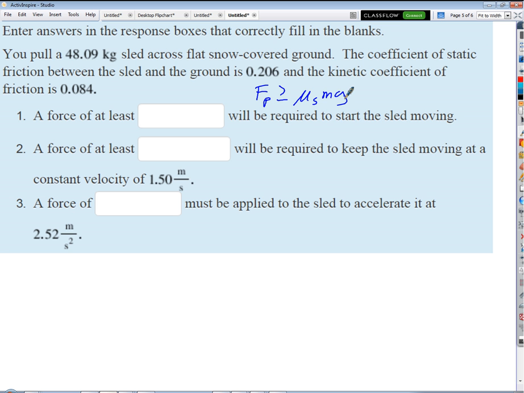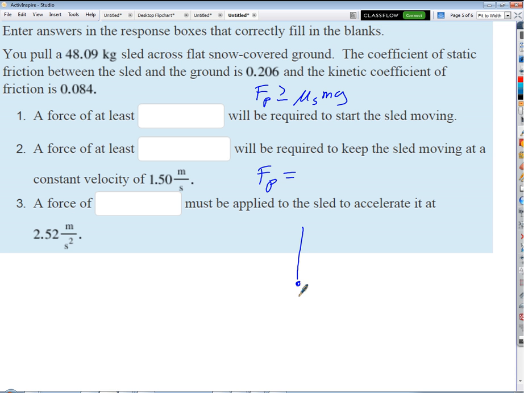Now, once I kicked it loose and it's moving, then it gets a little bit easier, right? Because then in order to keep it moving at constant velocity, my pushing force for part 2 just has to equal the kinetic frictional force. Does that make sense? Because then my free body diagram will have 0 net force if it's moving horizontally at constant velocity, right? No acceleration.